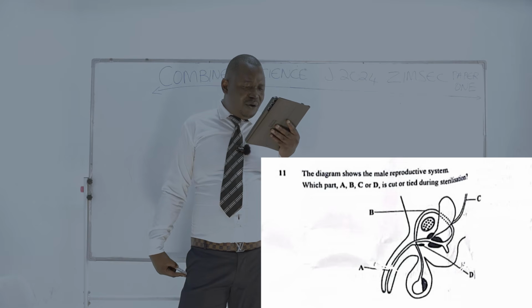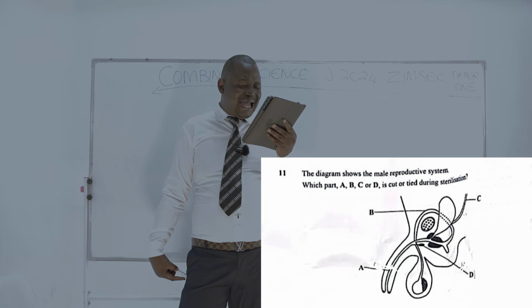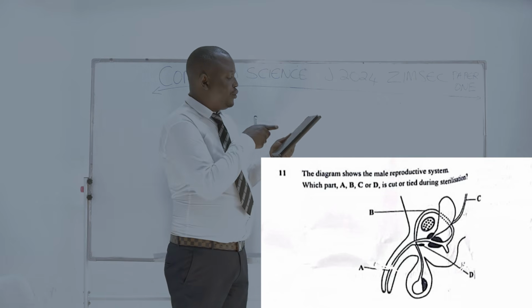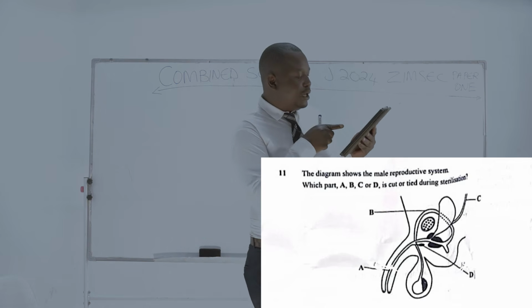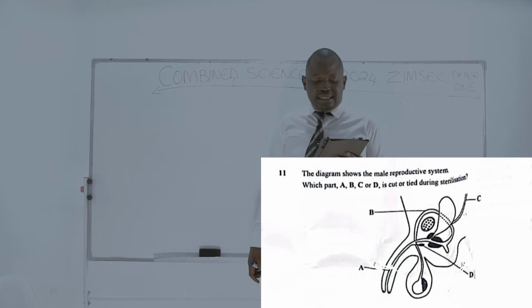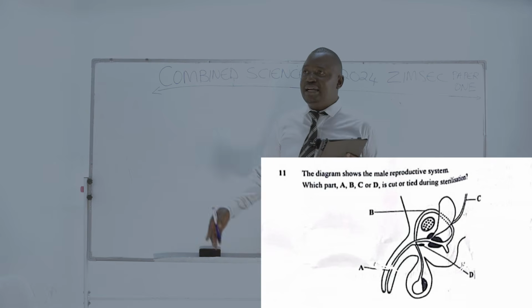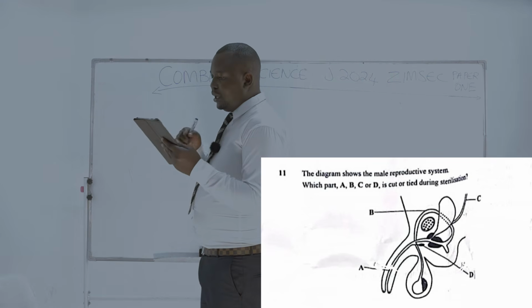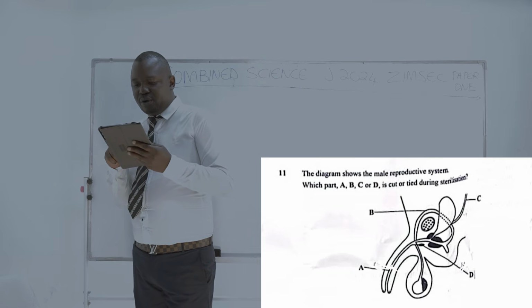Then D looks like a prostate gland. Then B is the sperm duct, which is the one involved in sterilization. Then you see the other one is a ureter, it actually comes from the kidneys and carries urine, not part of the reproductive system.